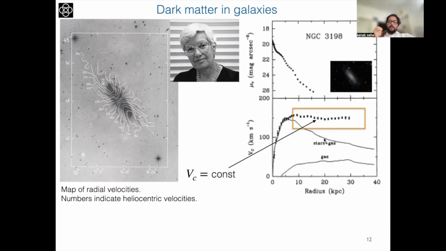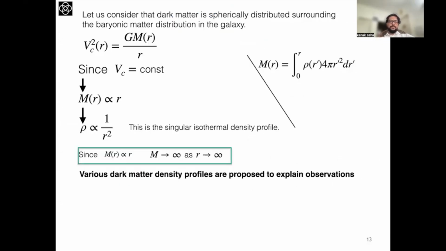And if you take the contribution to the circular velocity from the stars and gas together, it is not able to explain this circular velocity. And this has led to the discovery that there is dark matter in spiral galaxies, in galaxies in general, thanks to the pioneering study of the famous astronomer Vera Rubin in this context.